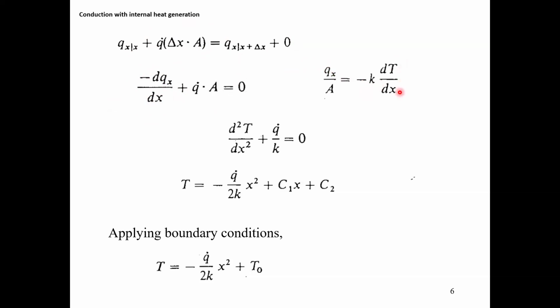You have a negative sign to indicate that heat flows in the direction where the temperature is going down. That's the reason you have a negative sign. So you substitute qx into this equation, and you will get a second order differential equation.